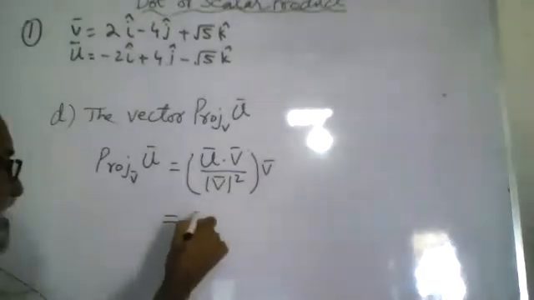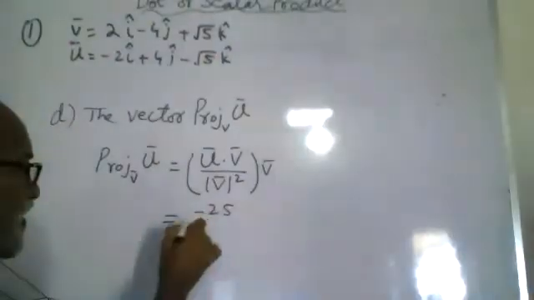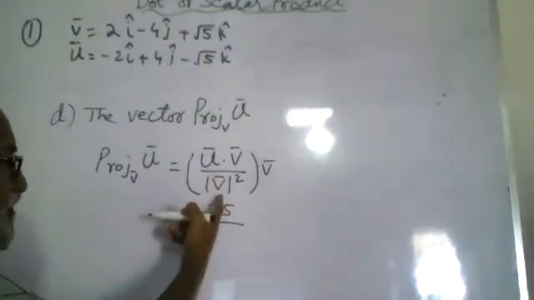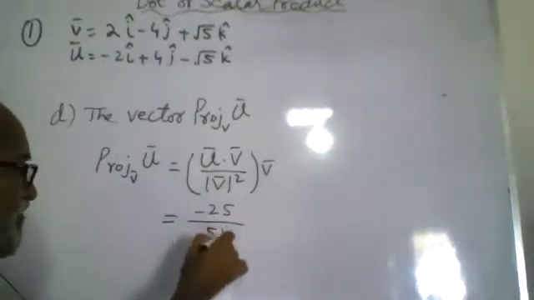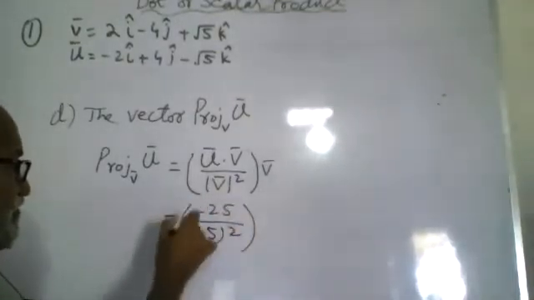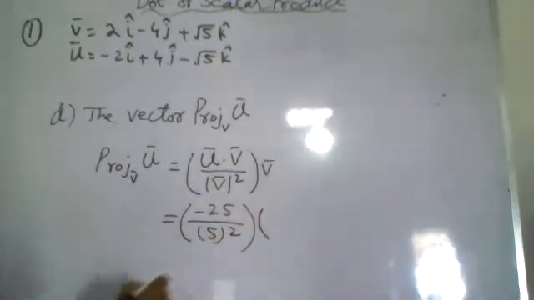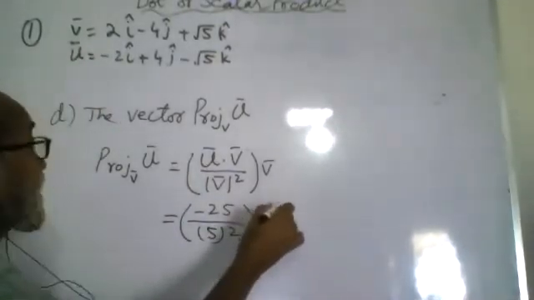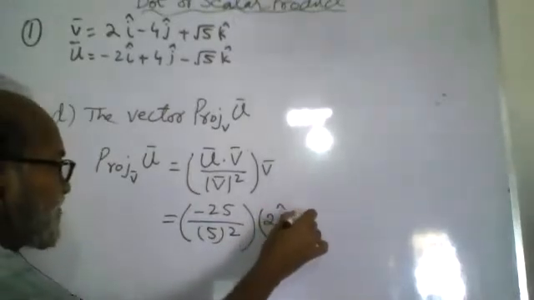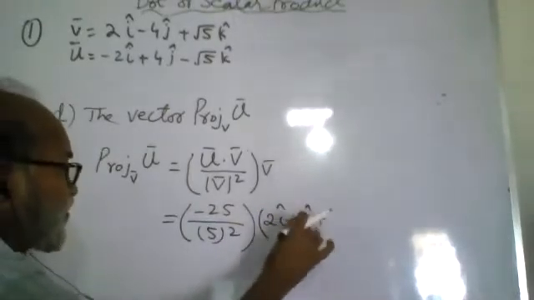The answer was minus 25. Magnitude of V we found, that was 5 squared, into the vector V. Vector V is this one, 2i minus 4j plus root 5k.